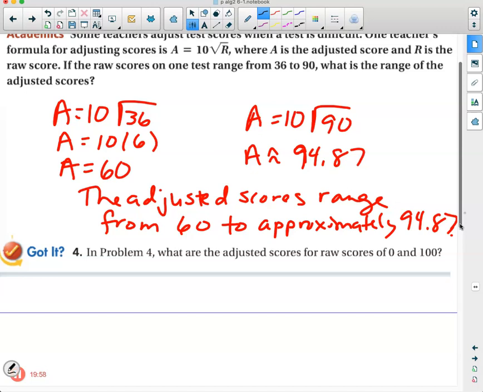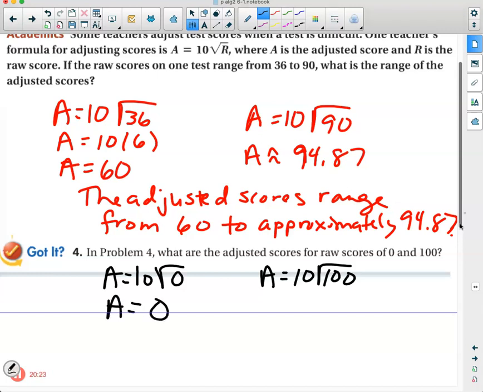In problem 4, what are the adjusted scores for raw scores from 0 to 100? All right, so this time we're going to put in a 0 for a raw score, and we're going to put in a 100 for a raw score. Well, the square root of 0 is 0, and 10 times 0 is 0. The square root of 100 is 10.